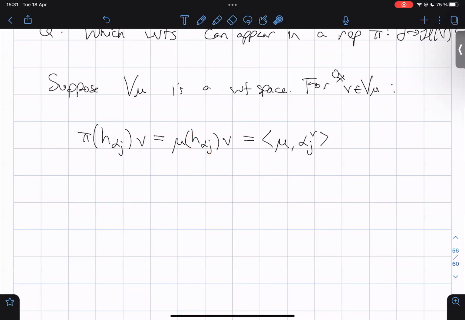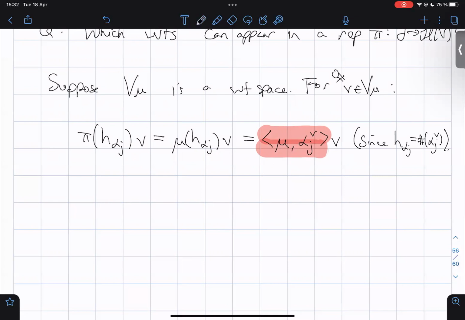Let me write it over here, since H alpha J is the sharp of this one. There are some definitions to get through, but if you go back, everything's consistent here. This is a number, so we multiply it against the vector. The scalar that comes out front is this number over here, with this co-root coming into play.